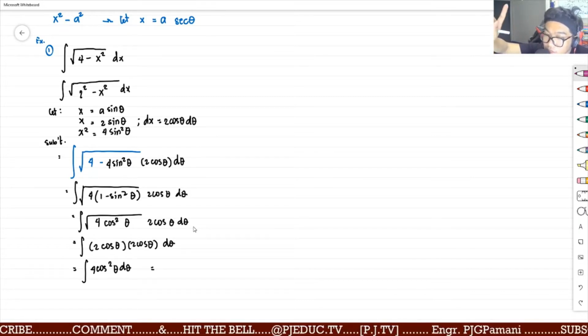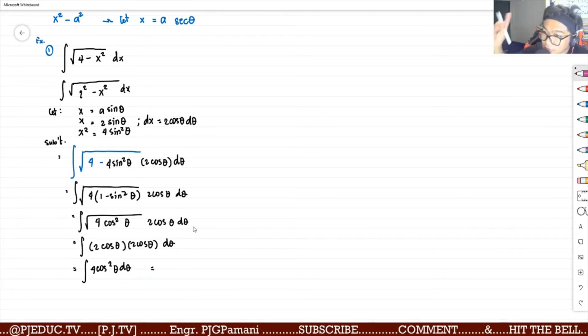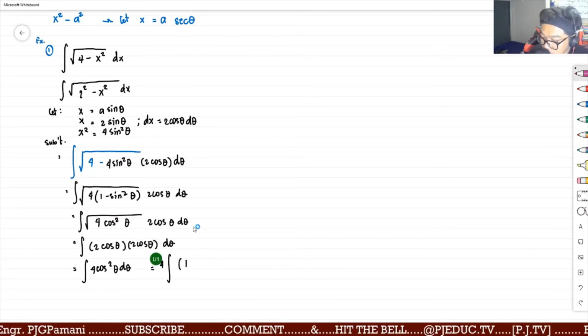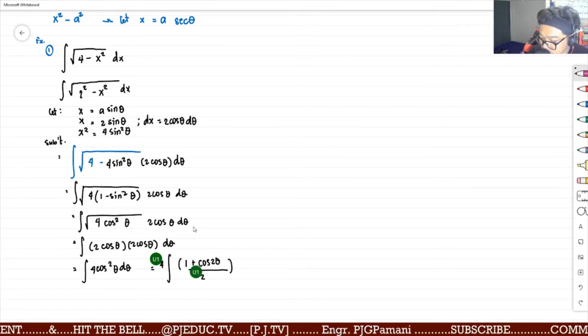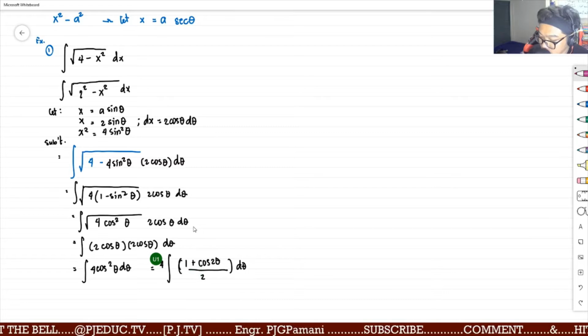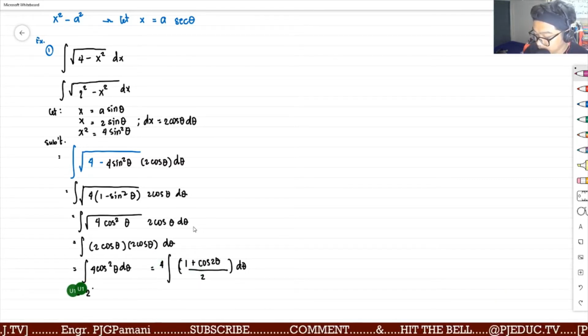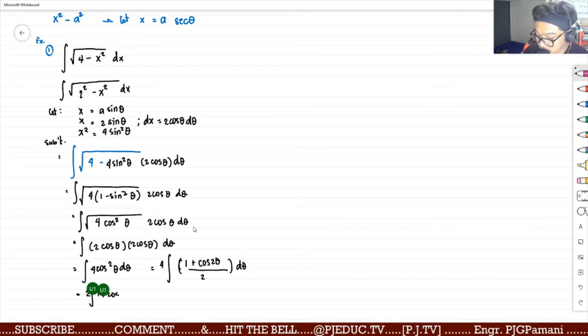Trigonometric functions which have an even positive integer power. The identity for even positive integers is 1 plus cosine 2 theta all over 2 d theta. We take out the 1/2. That is simply 2 times the integral of 1 plus cosine 2 theta d theta.